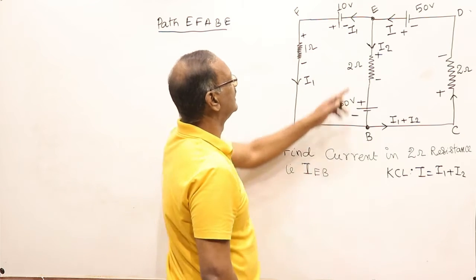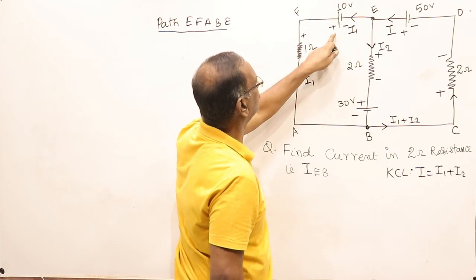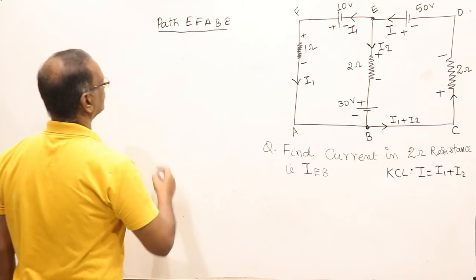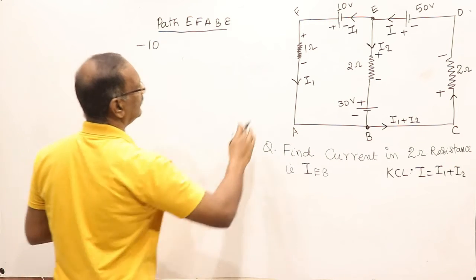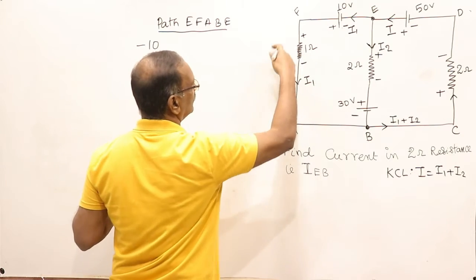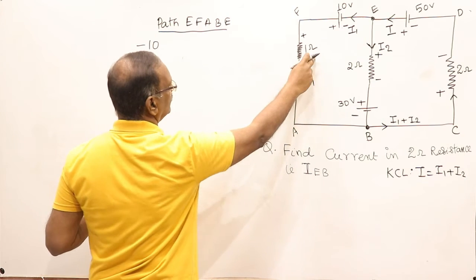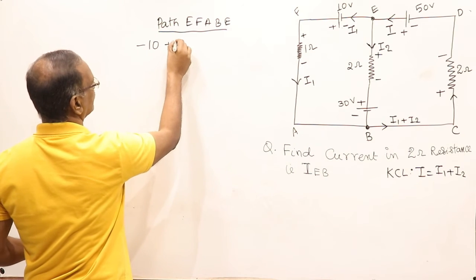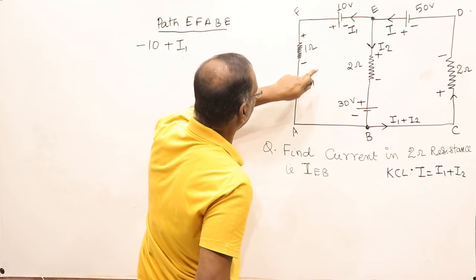Whenever we move along the path and encounter negative to positive, it is negative voltage. From here to here, this is positive. Here the voltage drop is I into R, that is I1 into 1, that is plus I1, since V is equal to I into R.